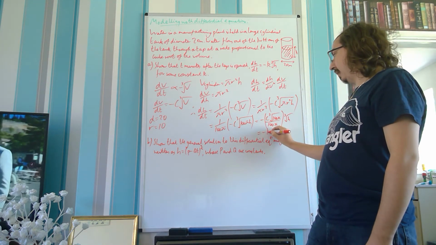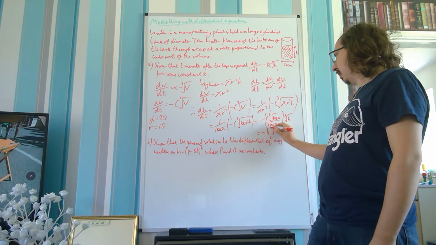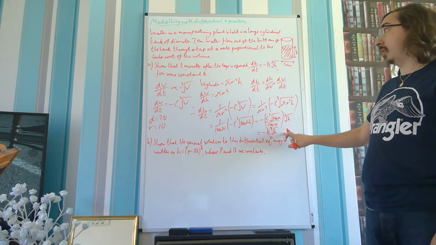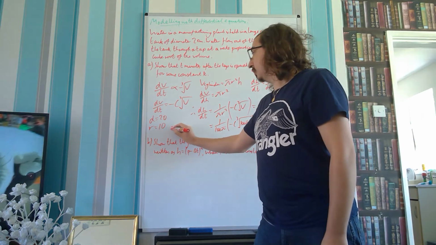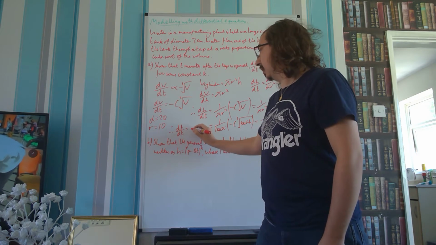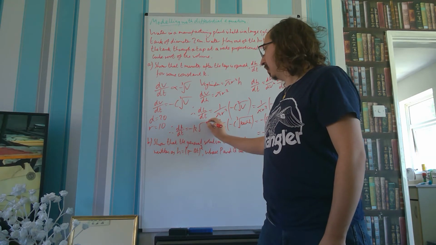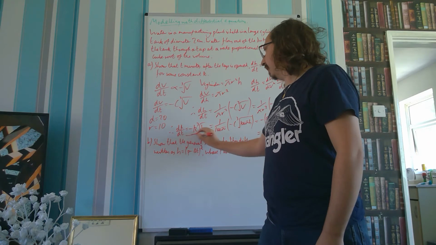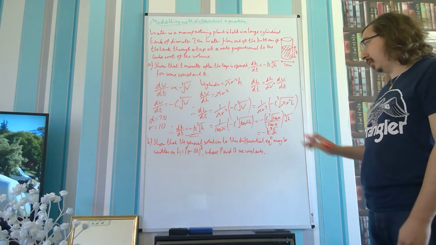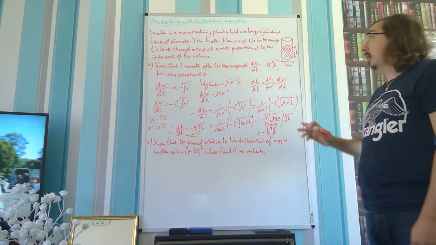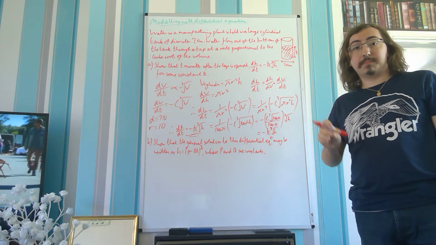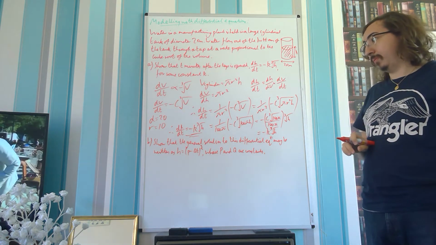So we can rewrite that as minus k times the cube root of h, which is what they are looking for. So therefore, dh by dt is equal to minus k times the cube root of h. So it's a little bit more complicated than that. You end up with quite a nasty constant, but there's a reason that they're telling you to make it into this form, because it's going to make things a lot simpler in the next part of the problem.